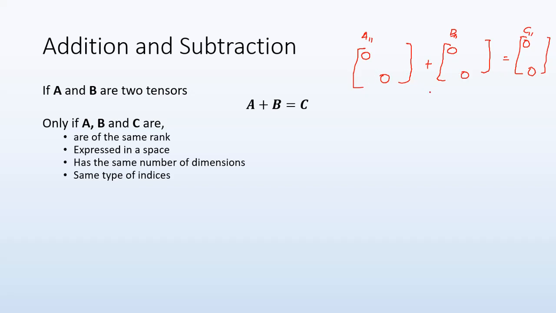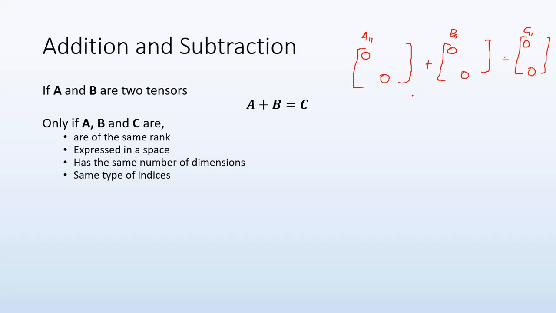To add two matrices to get another matrix, it is important that these two should have the same order as well as the same rank. Therefore, adding two tensors also demands that they are of the same rank.